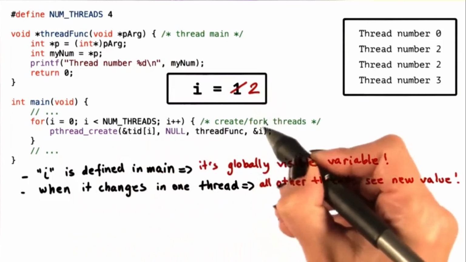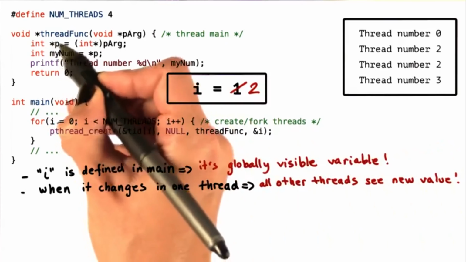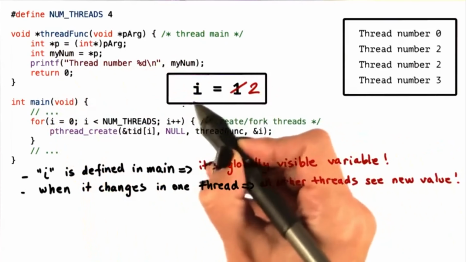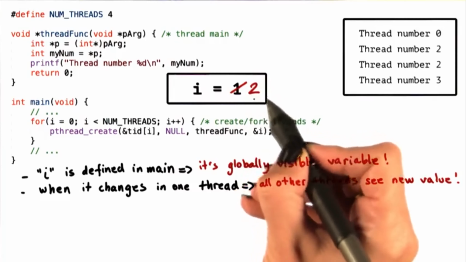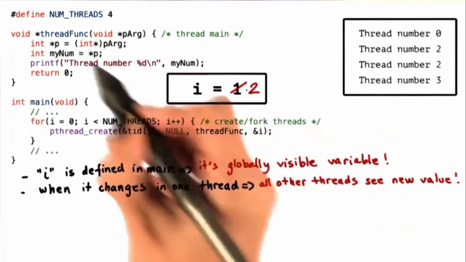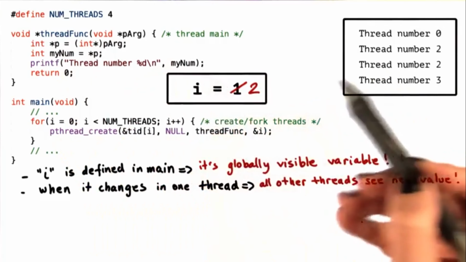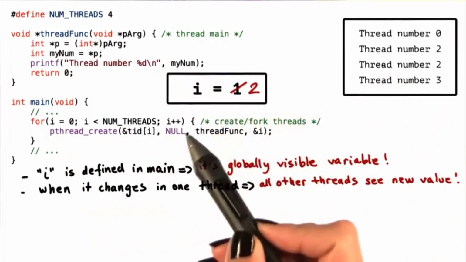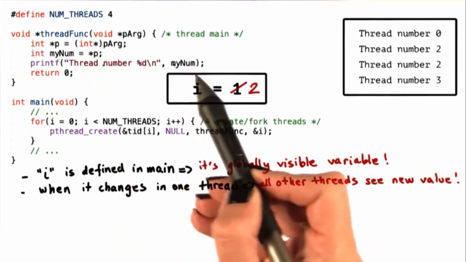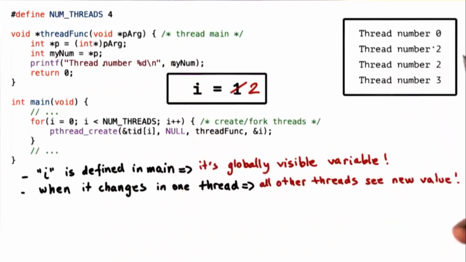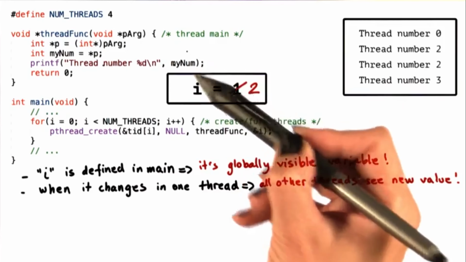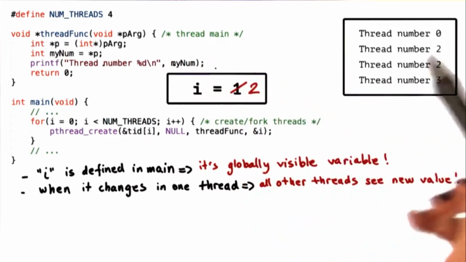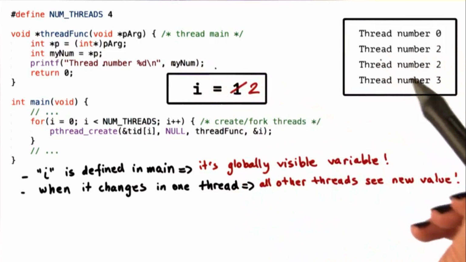Since we pass as an argument the address of i, p will also correspond to the address of i, so it will point to the same i, and then mynum will actually take as a value the new value of i, so it will take as a value 2. So it's not like we lost the printout from that second thread that we were expecting would print out thread number 1. It's just that both the second and the third thread ended up seeing that the value of i is 2, and that's why they ended up printing out thread number 2.